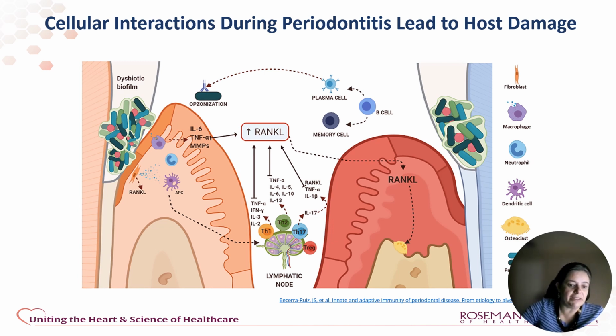When we talk about periodontitis, we are looking at the building of the biofilm that would trigger immune responses. Those primary immune responses are the ones that we know as innate immune responses. They then trigger different molecules like cytokines and chemokines that attract other cells, such as antigen-presenting cells, that help in the lymph nodes to activate lymphocytes.